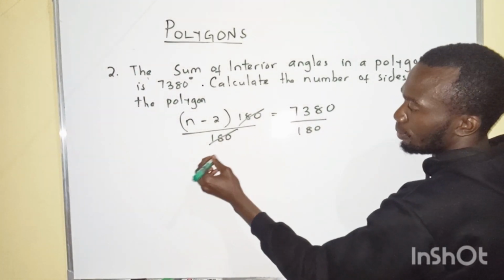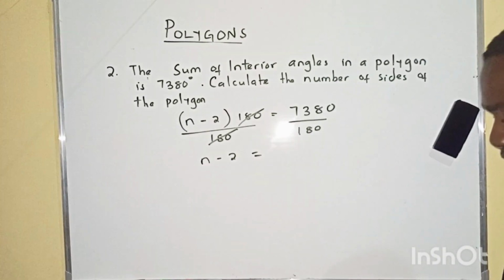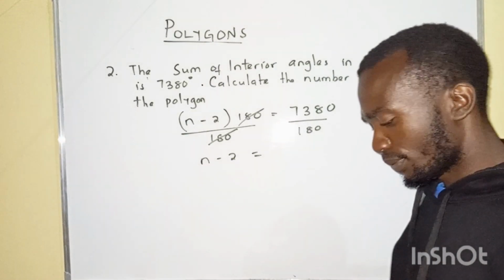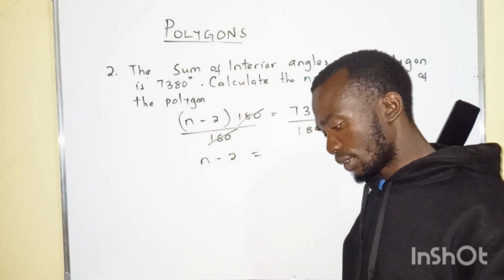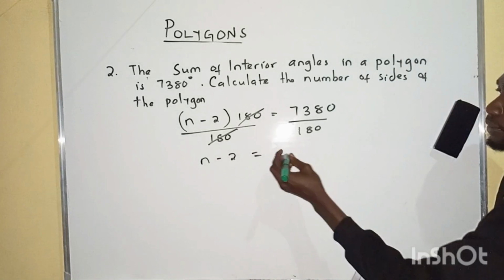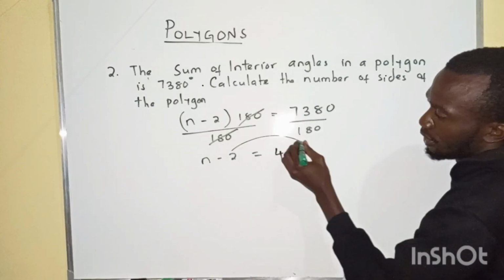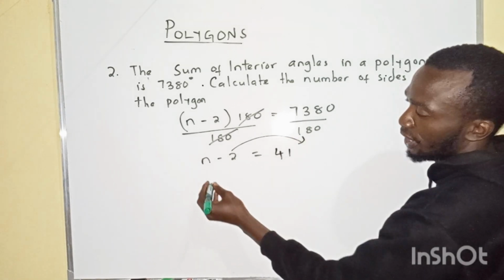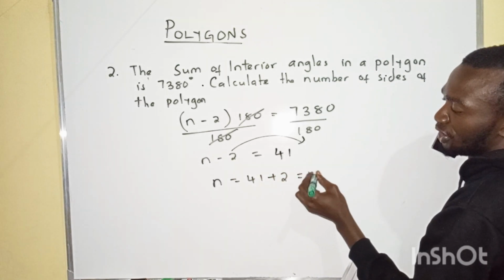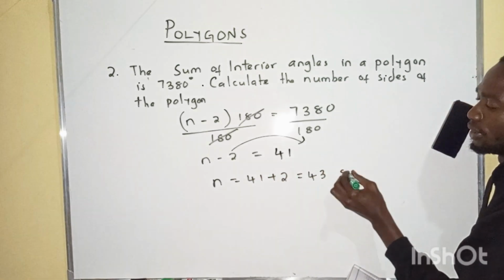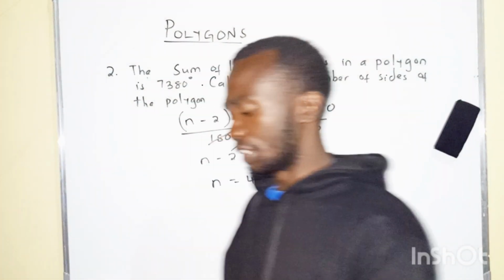So n minus 2 is equal to 7,380 divided by 180, which gives you 41. So n is equal to 41 plus 2, which gives you 43 sides. So this polygon has 43 sides.